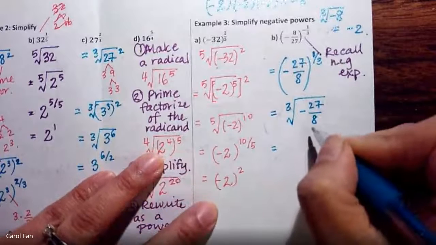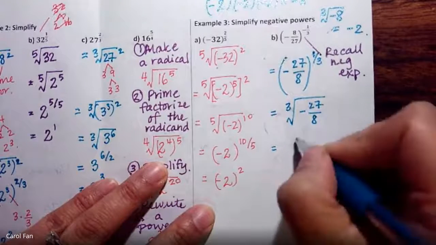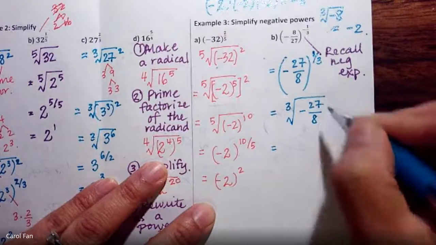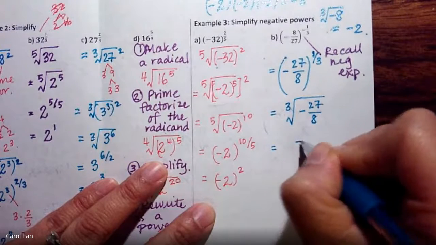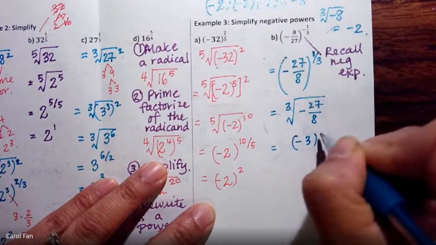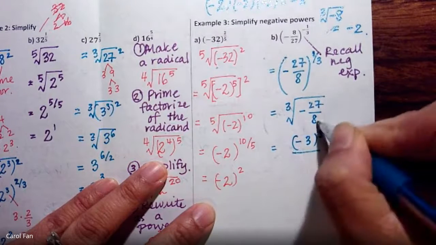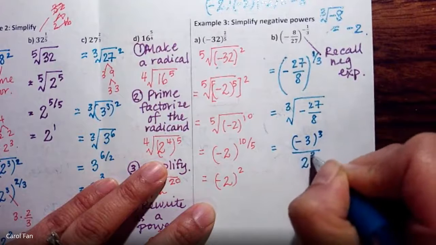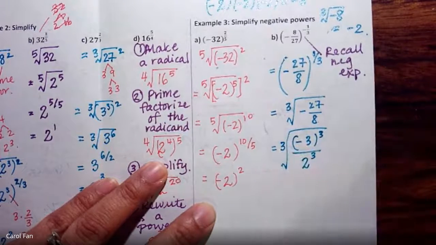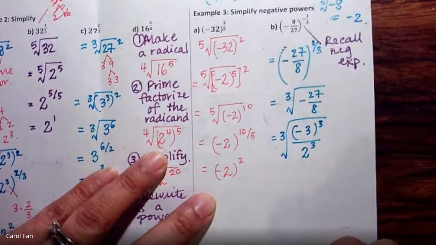Let's simplify it now by doing the prime factorization. 27 is equal to negative 3 cubed. 8 is equal to 2 cubed. And this is still under my cube root.